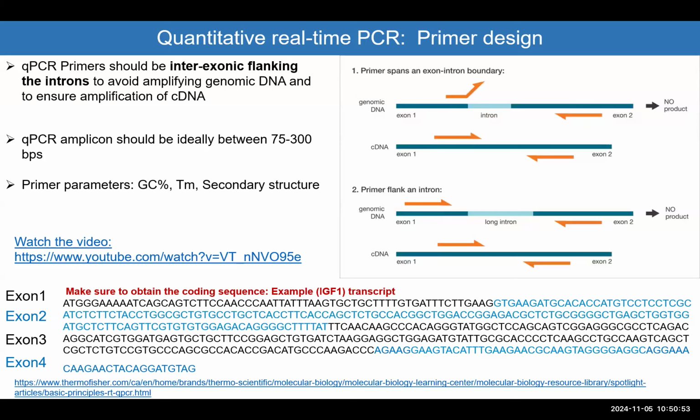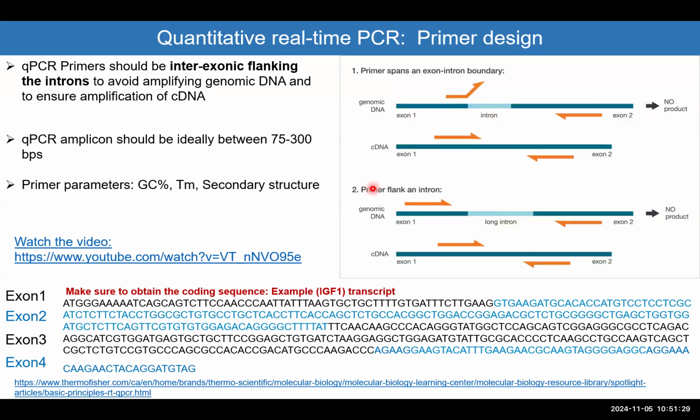Again, Jacob, if you put a primer starting at the first ATG and ending at the end of the exon, and the reverse primer the same, the simple answer to your question is that you will detect both genomic DNA and cDNA, and you don't want to detect both. You want to differentiate between them. And the only way you can differentiate between these two is by spacing them out with the introns.